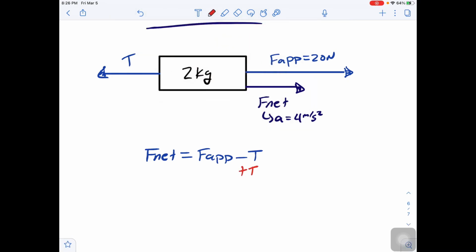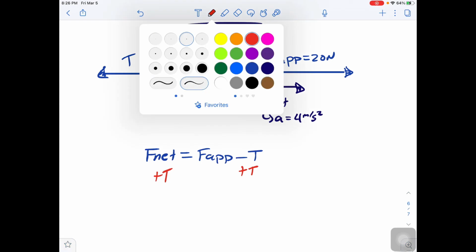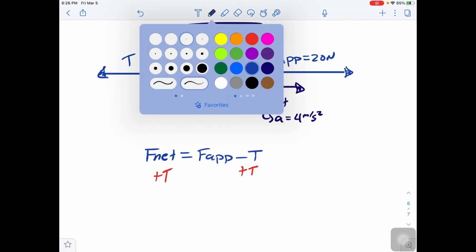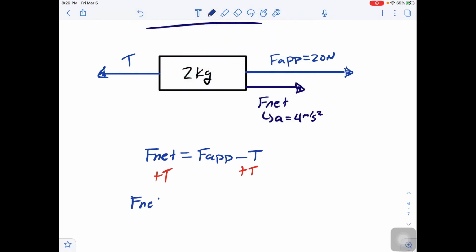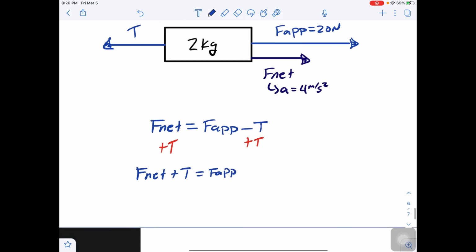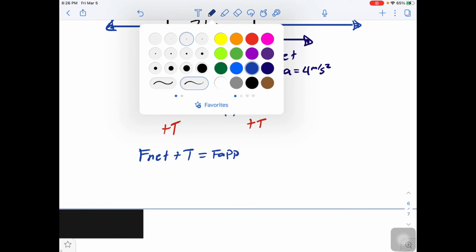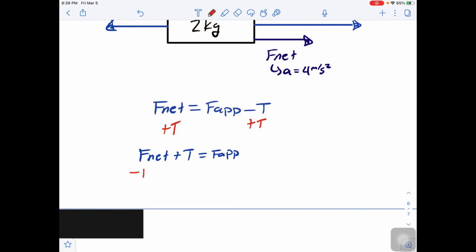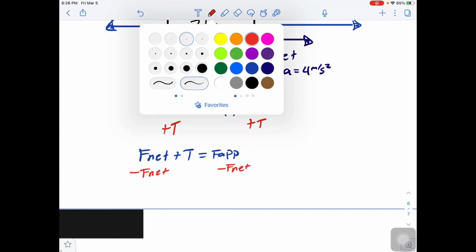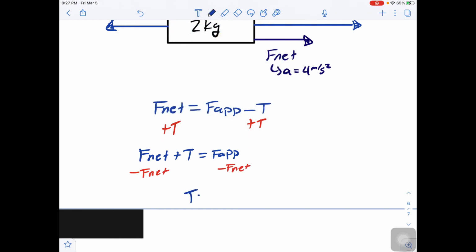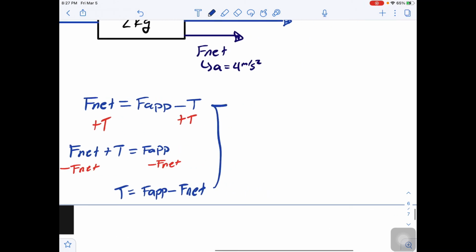So what I will do is add tension, so I get my net force plus tension equals F applied. And then from here, I'm going to subtract my net force, and I will get my tension to equal my F applied minus my net force. And now it's a matter of plugging in the correct values.